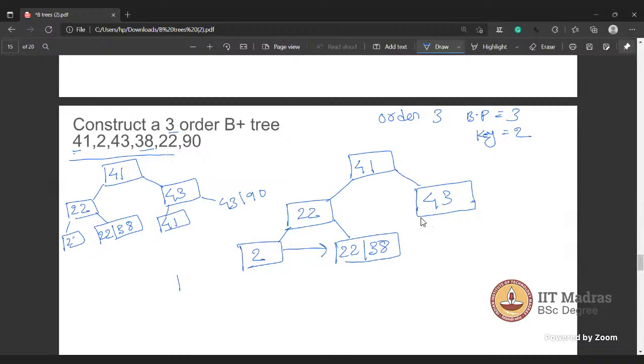This will point to the next node. 41. This will point to the next node. 43, 90. So everyone got the insertion of B plus tree?